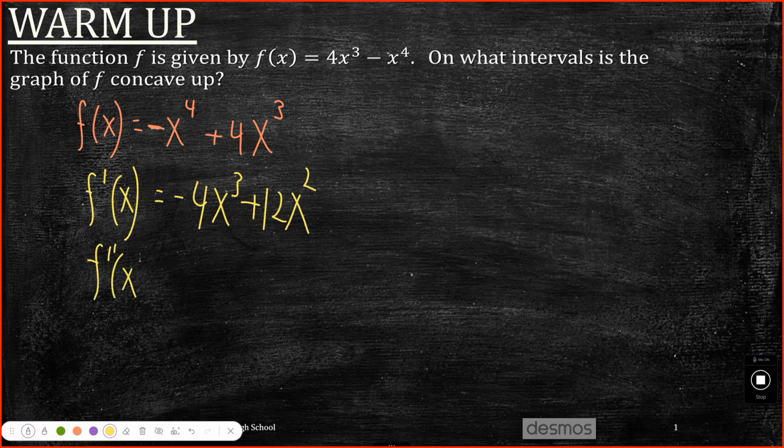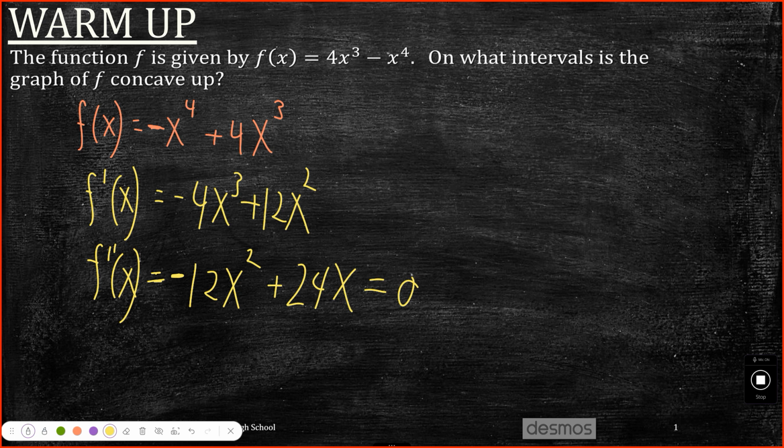f double prime of x equals negative 12x squared plus 24x. So we're trying to find the inflection points, if it has any. Factor out what?